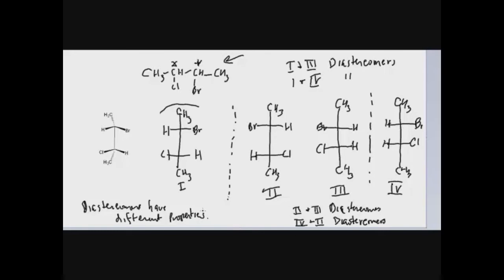Enantiomers have basically the same properties, but diastereomers are completely different.